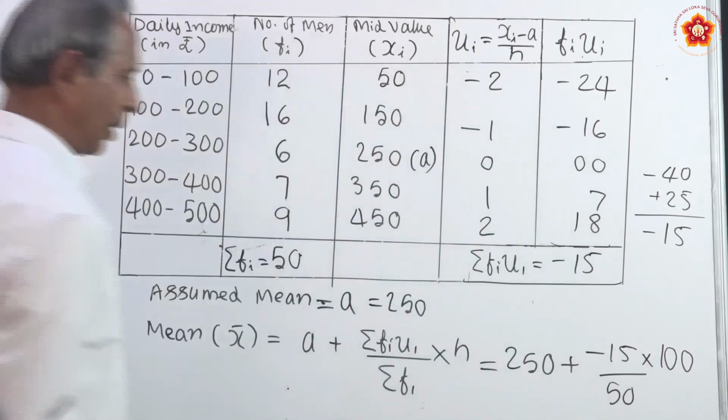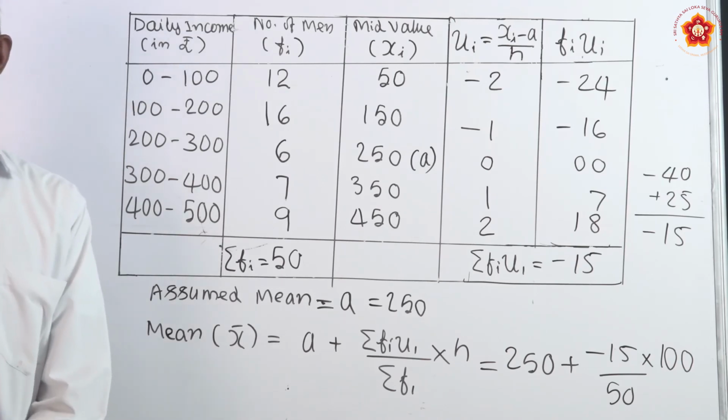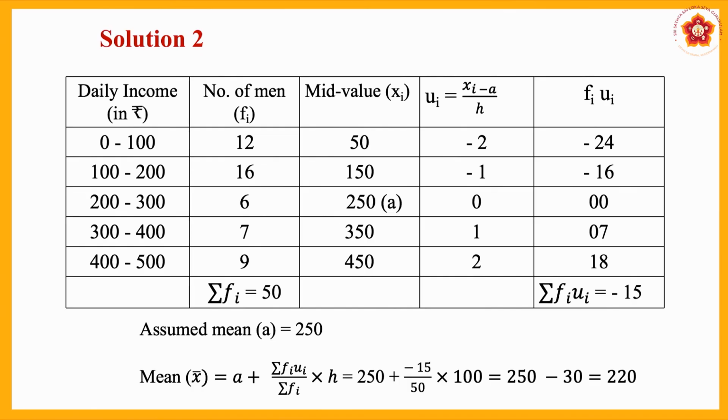Now if you simplify, you will get the correct answer: 250 as it is, then if you divide, 15 1s are 15, 2s are 100, then minus 15 into 2 you will get minus 30, then 250 minus 30 becomes 220. Therefore the daily average income is rupees 220. This is the solution for problem number 2.